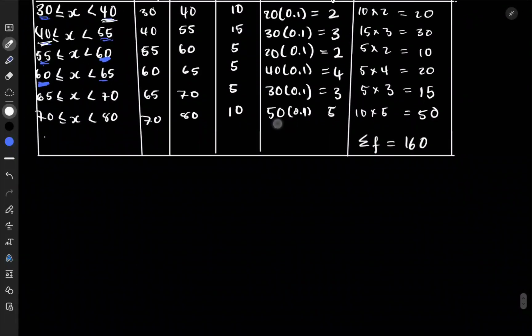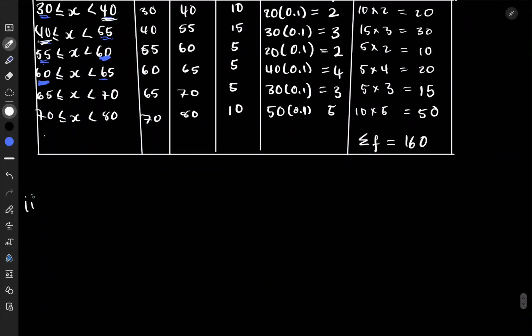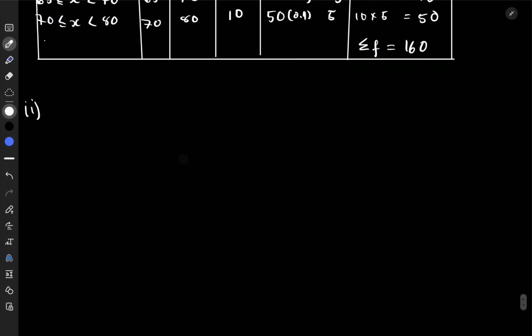What we're simply going to do is make a new table with only 4 columns. This is a very common table for mean. It's the value you have, which is the weight, and then you would need to get the mid value, or we can say mid interval value, which will be our x.